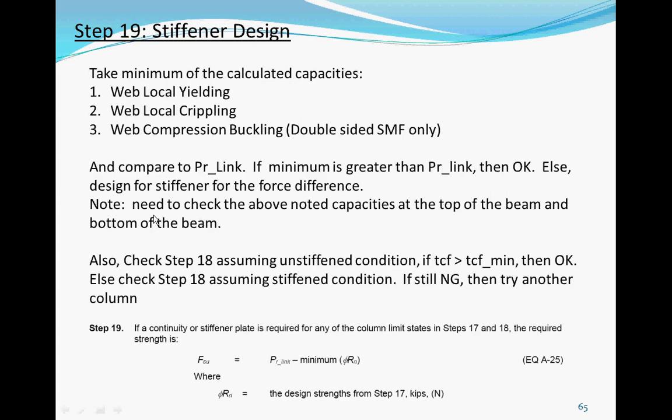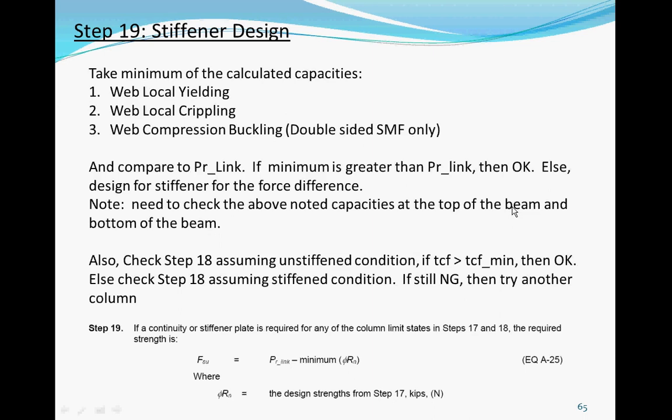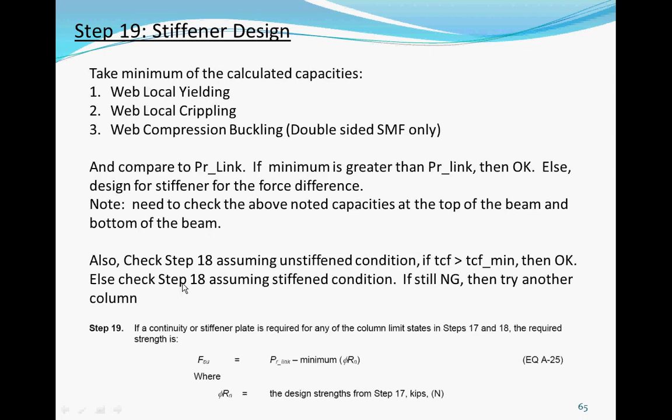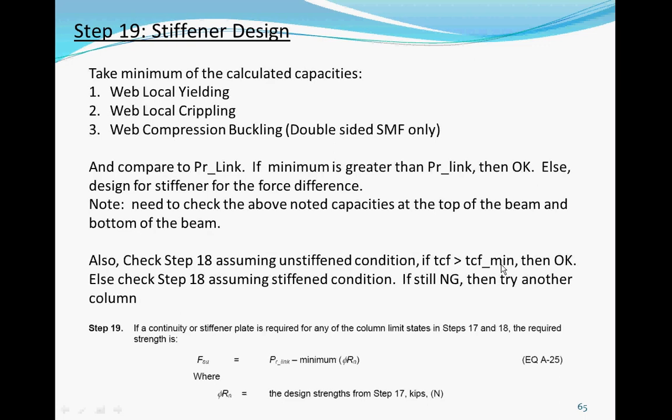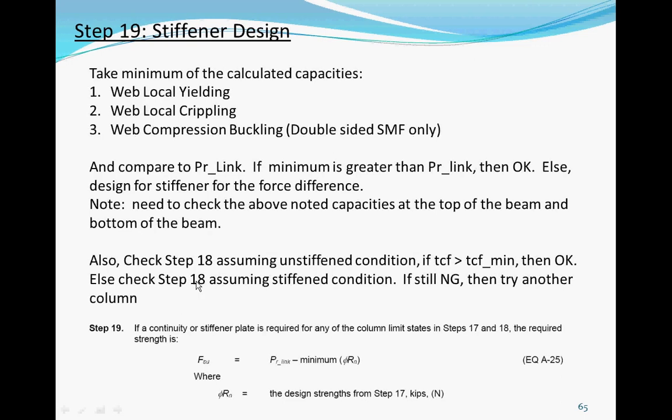Okay, you need to check for capacities at the top and bottom of the beam. Step 18, assuming unstiffened condition. So, if your TF is greater than TF min, then okay. Step 18, assuming stiffened condition. If no good, then try another column.